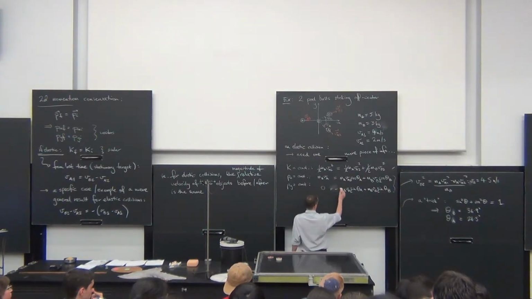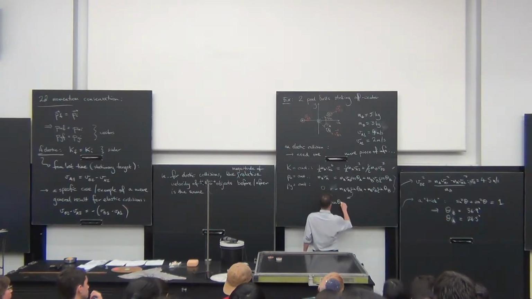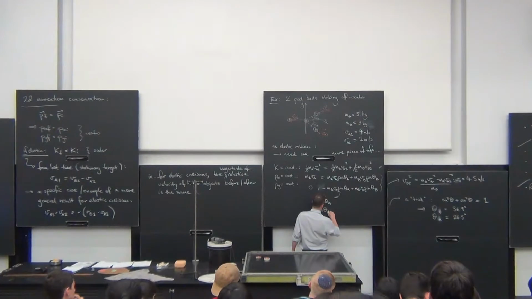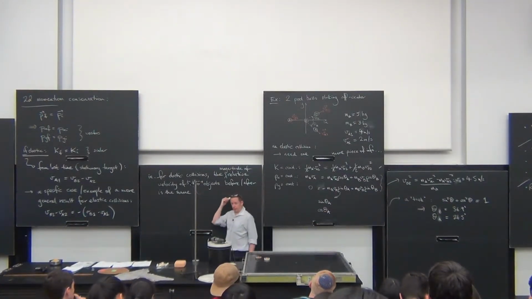So I guess here we've got an expression for sine theta A. I would also have got an expression from here for cosine theta A. And what should happen if you apply that trig identity?